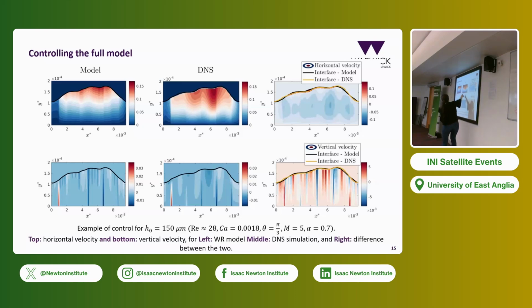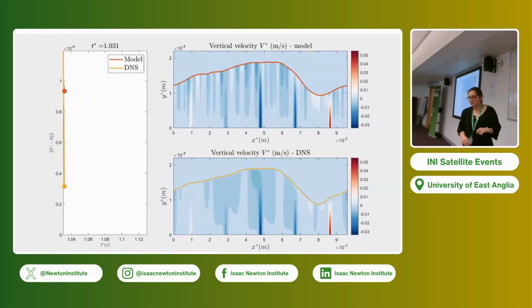And what you see is that the horizontal velocity is pretty much the same in both cases, but the vertical velocity has big differences. Because the way to obtain these models is by integrating over the y direction, you are losing some of the physics that's happening, and so you have some errors, and these errors build up, and that's why applying the controls directly doesn't work.